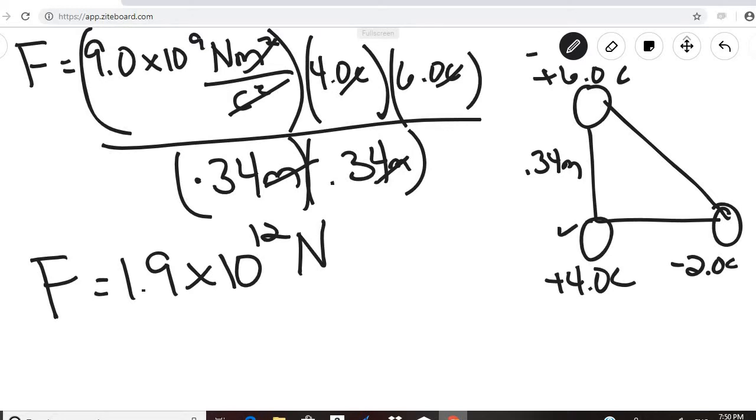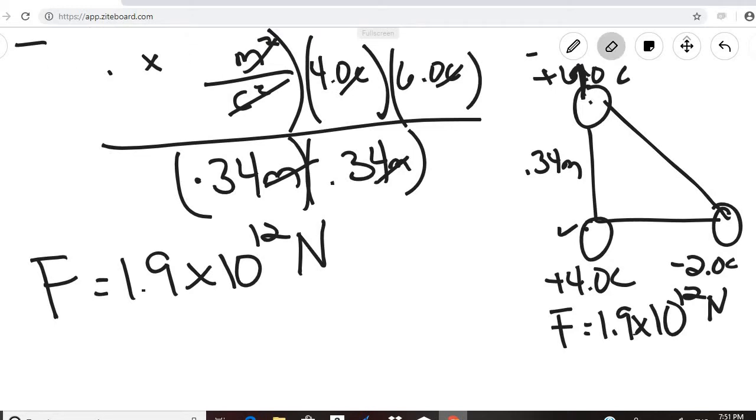So we'll move in that direction with a force of 1.9 times 10 to the 12 newtons. Okay, so keep that in mind, and then let's write that one over here so that we don't lose it. F is equal to 1.9 times 10 to the 12 newtons. Okay, so that's for this particle and this particle.